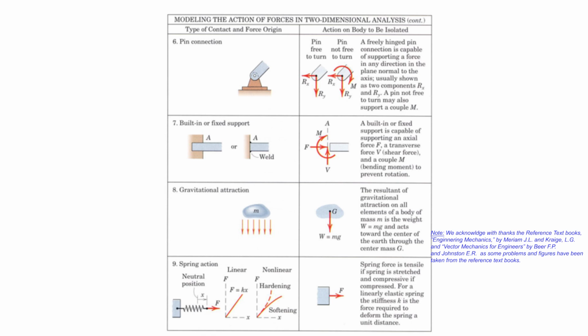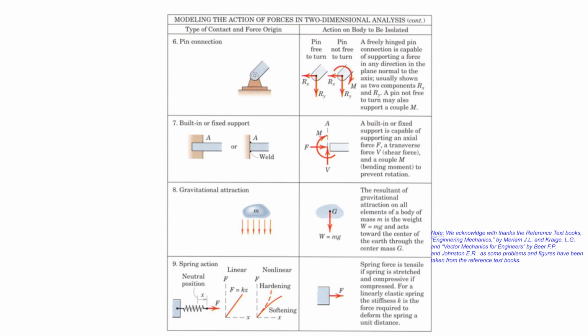So even if you remove the beam part, the support reactions will be replaced by an F, an axial force, a V, a tangential force, and a moment. You will understand this more and more as you do more examples.